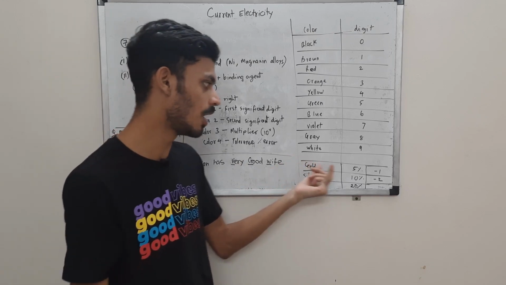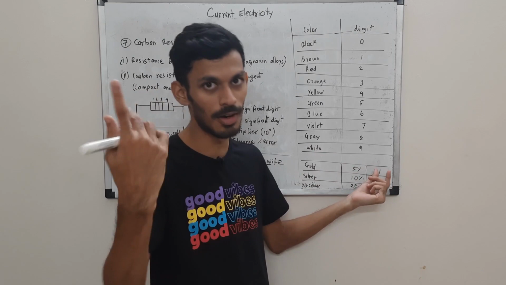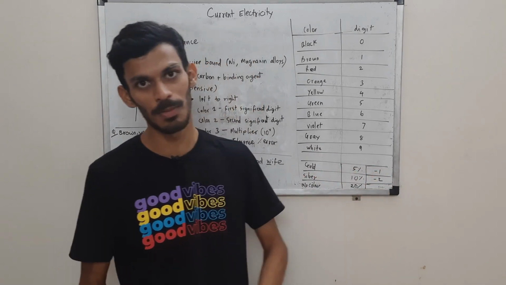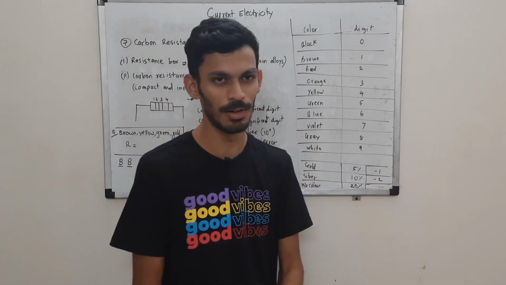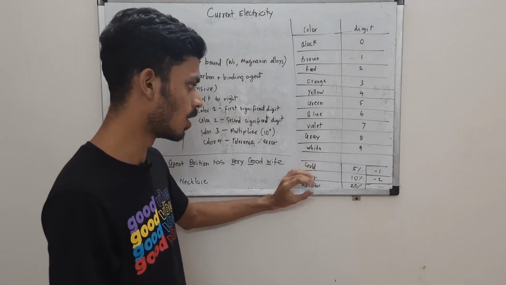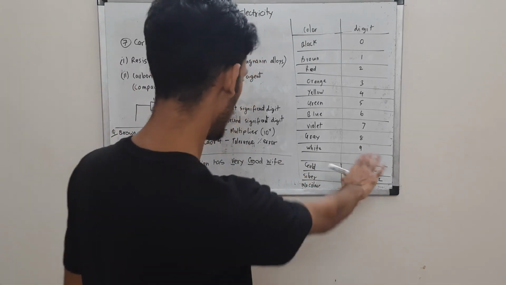In that case gold is minus 1, so if it appears as color 3, gold is 10 to the power minus 1. If silver appears as color 3, it is 10 to the power minus 2. Please remember that. Usually it does not appear in these 3 colors. This last gold, silver and no color will only appear in the percentage factor, but still, on the safer side, remember that.